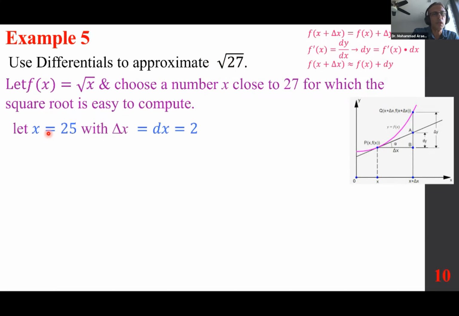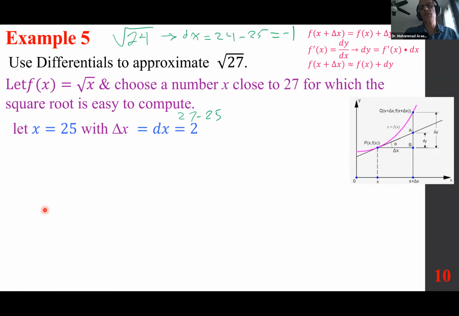So you need a function, you need a number, and you want to come up with delta x, and delta x is 27 minus 25. If the question was asking what is the square root of 24, then you do exactly the same thing, but your dx is negative 1. So be very careful, and the sign is important.